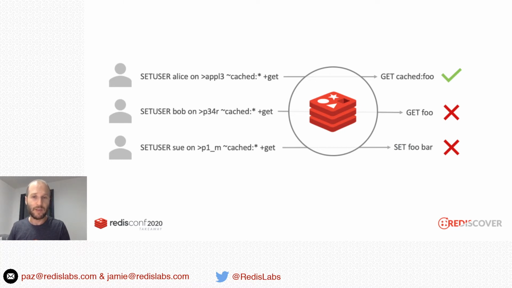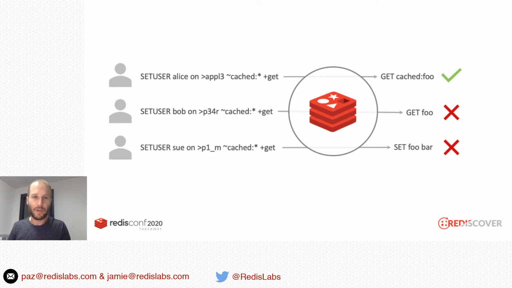Bob has the same ACL as Alice, and therefore he can access only keys that start with the cached string and by using only the get command. As a result, Bob will fail running the get foo command as he is trying to access a key that he has no permission to access.